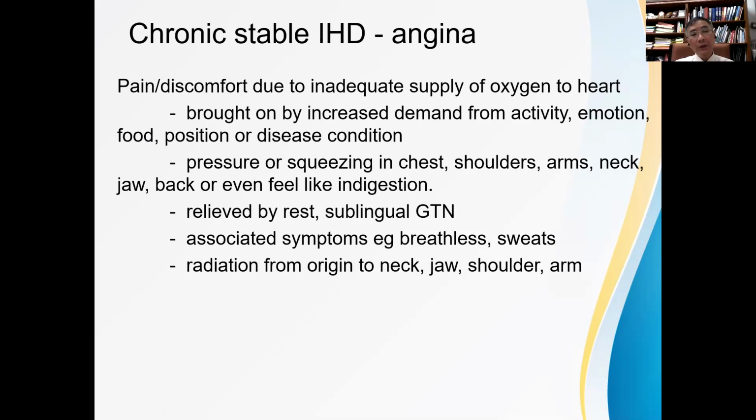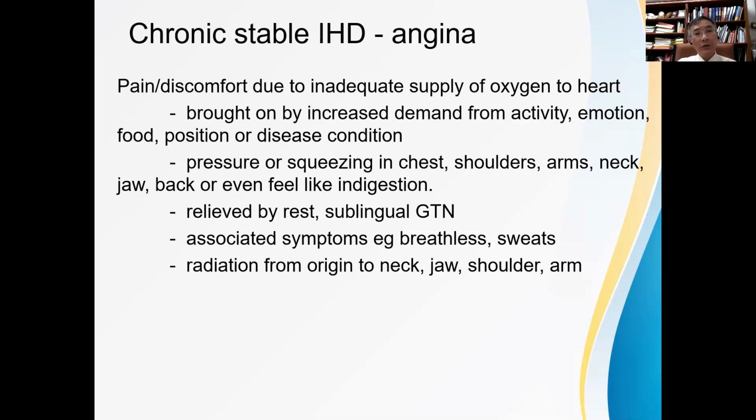The increased preload stresses the heart. It needs more oxygen supply. And if there is a block in the coronary circulation, the supply will be inadequate. Similarly, other disease conditions like fever, infection elsewhere, thyrotoxicosis, any disease condition like uncontrolled diabetes will all cause the heart to work harder, and the heart that needs to work harder will need more oxygen.